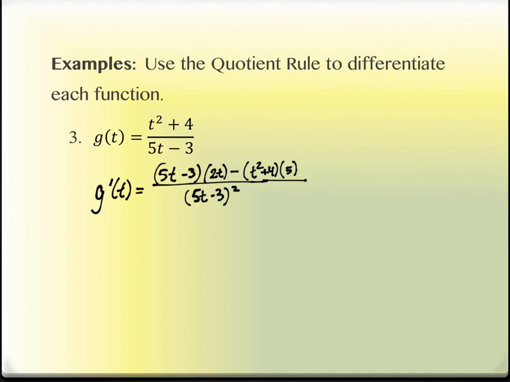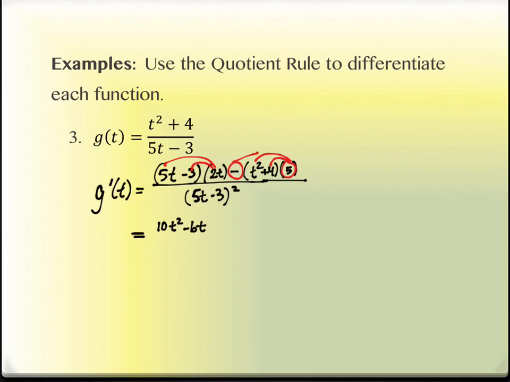Okay? In the numerator, however, we will simplify and multiply the pieces out. So I have the 2t multiplying through. So what does that give me? 10t squared minus 6t. Very good. On this other one, I have the 5 and I have the negative going through. So if you want to think about multiplying, I'm really multiplying a negative 5 through all the pieces, because the negative is affecting things as well.